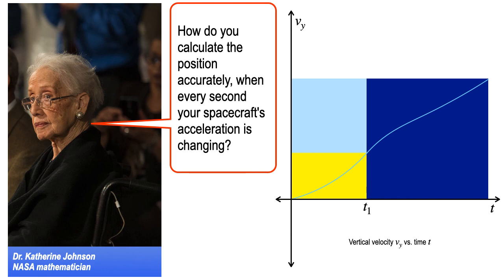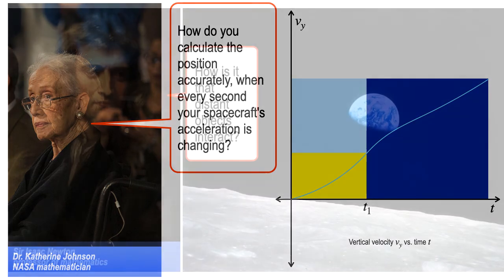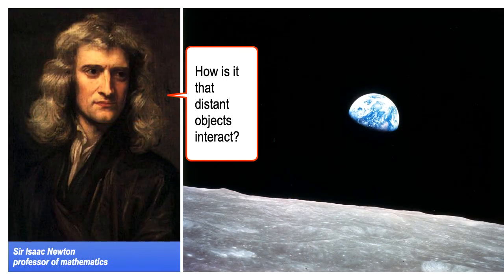Another thing that we're going to talk about, through the entire semester, is how objects interact, and how they interact and cause accelerations. In other words, the previous slide was about non-constant accelerations. How is it that the objects interact and cause that?